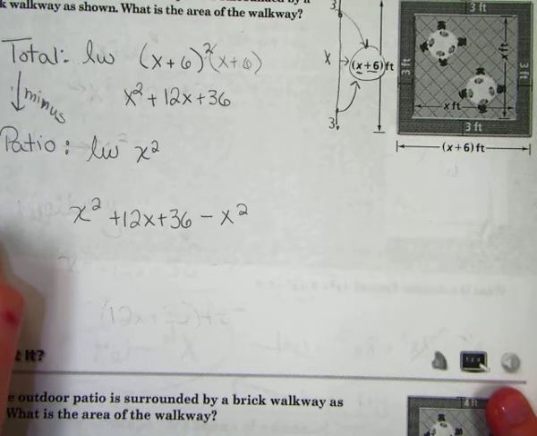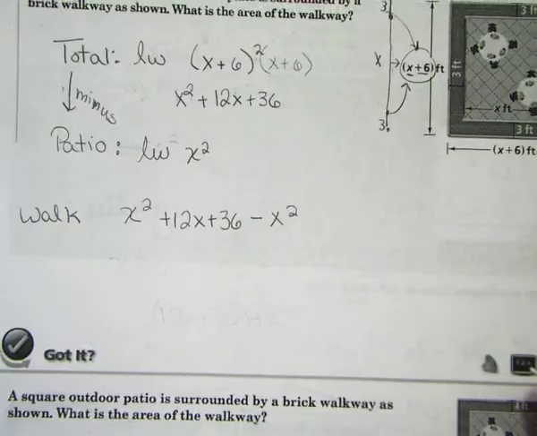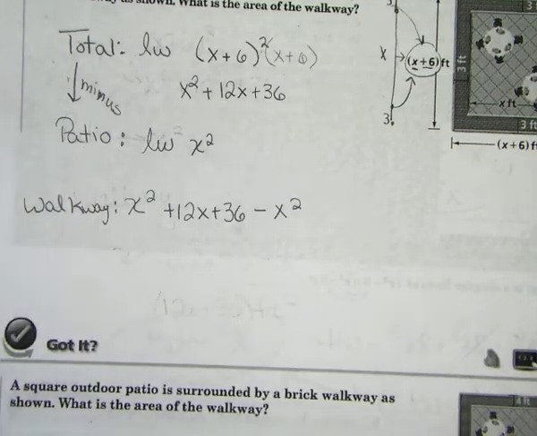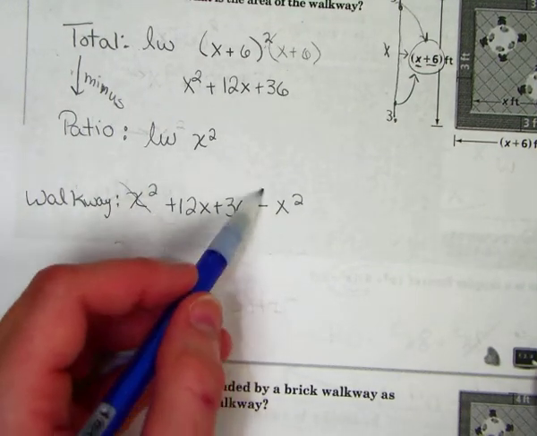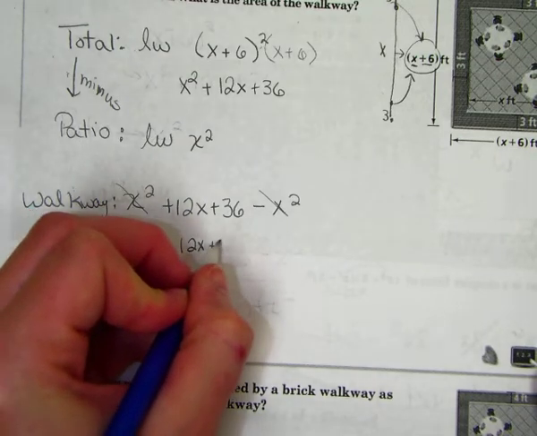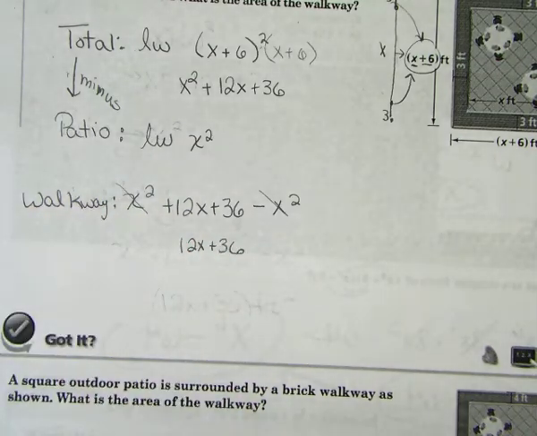Okay, and this is the walkway. I'm just going to label it walkway. We're going to do our subtraction. Look how the x squareds cancel each other out. Therefore, the walkway is 12x plus 36. And that's all you have to do for that particular one.